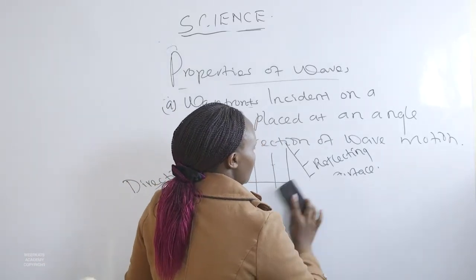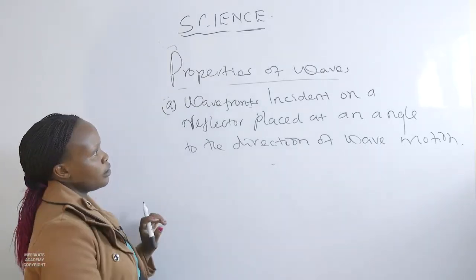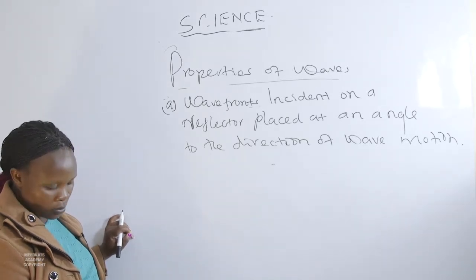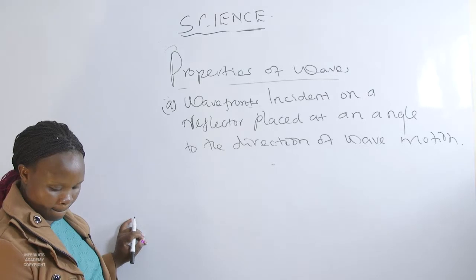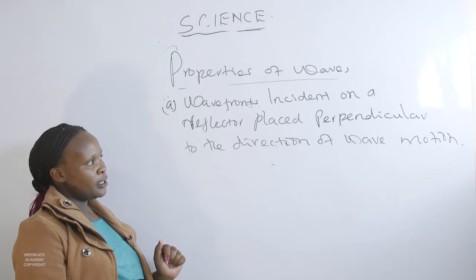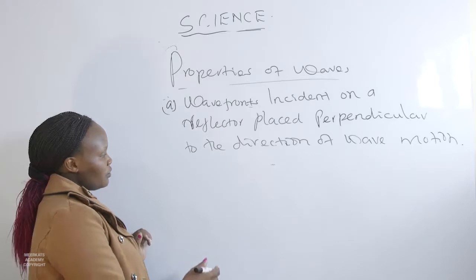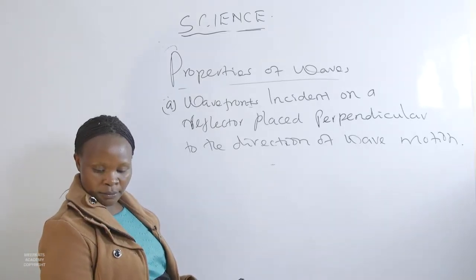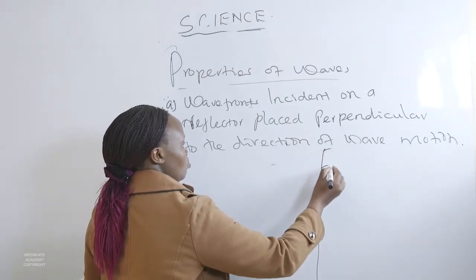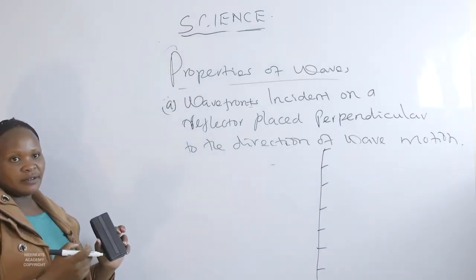Let us look at yet another type of reflecting surface. At right angles with the direction of motion of the wave train, that one is our reflector.